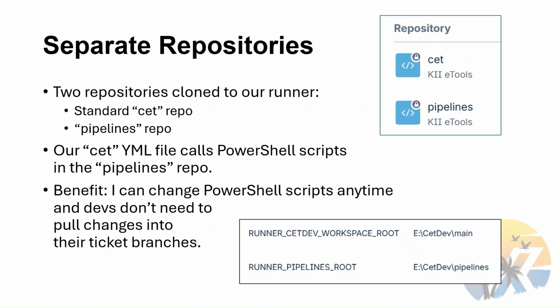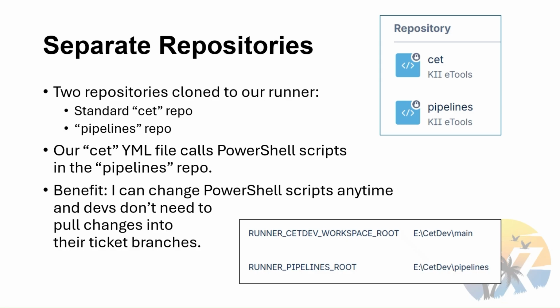So to show a little bit more, like I said earlier, we do keep two separate repositories cloned to our runner. We have our standard CET repository, and then we have our pipelines repository. So our CET YAML file calls PowerShell scripts in the pipelines repo. What's kind of cool about this is that I can change the PowerShell scripts, and I don't require any of our developers to change their YAML files, because the YAML file points at a script in our pipelines repo.